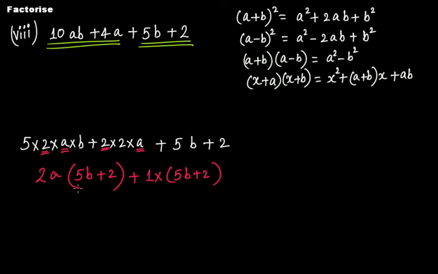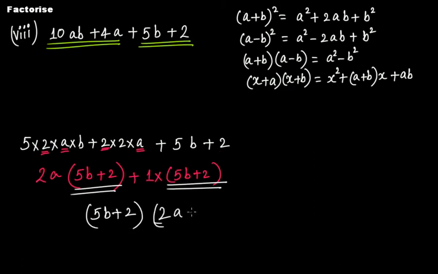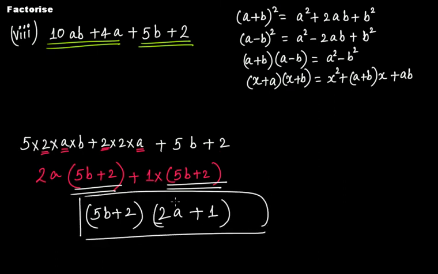Now in these two terms, 5b plus 2 and 5b plus 2 are the two common factors, so write this as 5b plus 2, and then you have 2a plus 1. This is the factorization of this algebraic expression. This is the required factorization because you cannot further break it down, right?